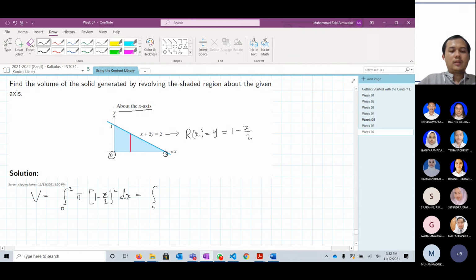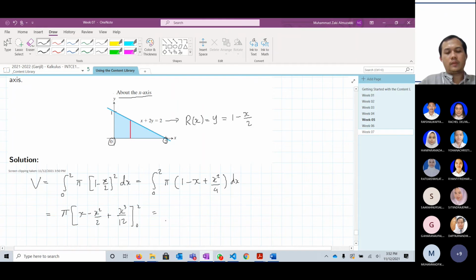This is now the integral from 0 to 2 of pi times 1 minus x plus x squared over 4 dx. The integral is pi times x minus x squared over 2 plus x cubed over 12 from 0 to 2.